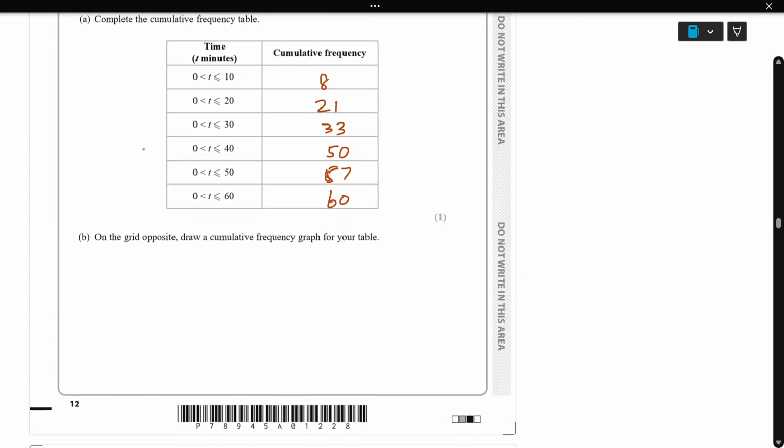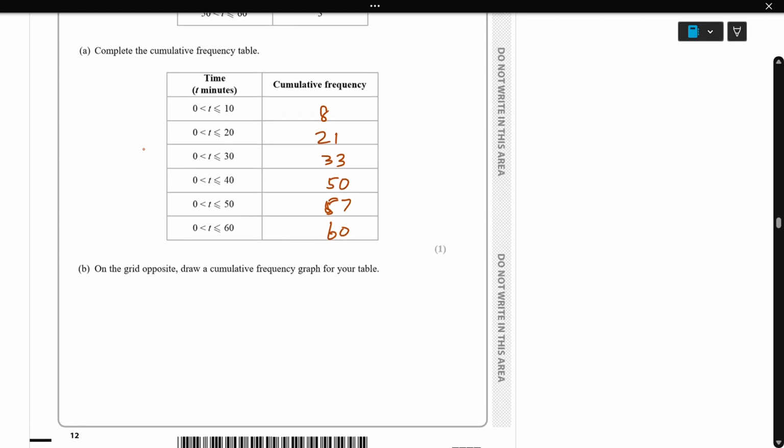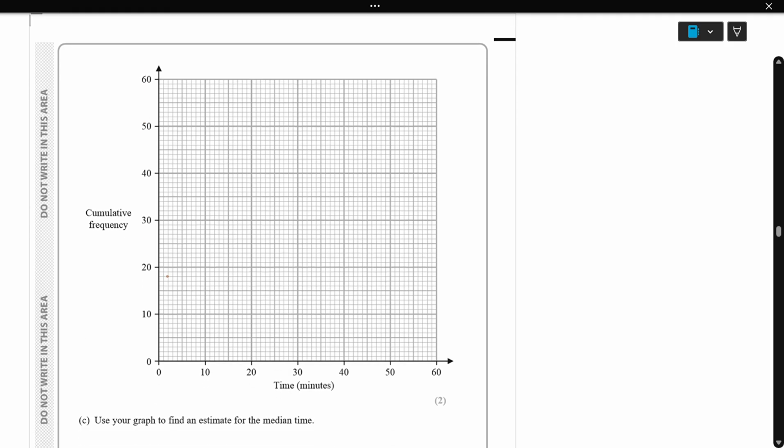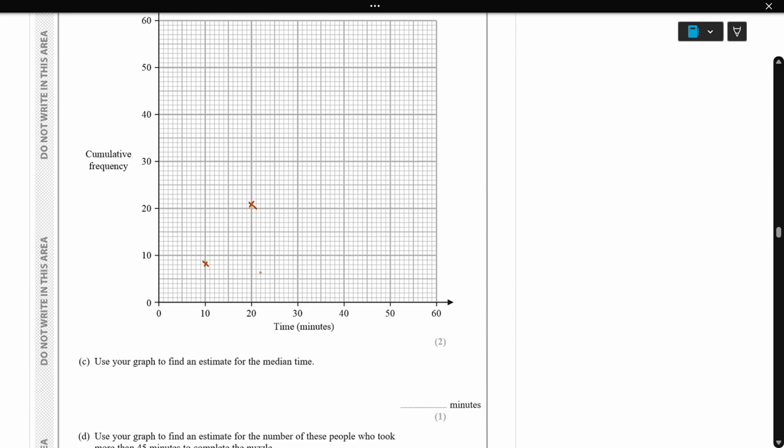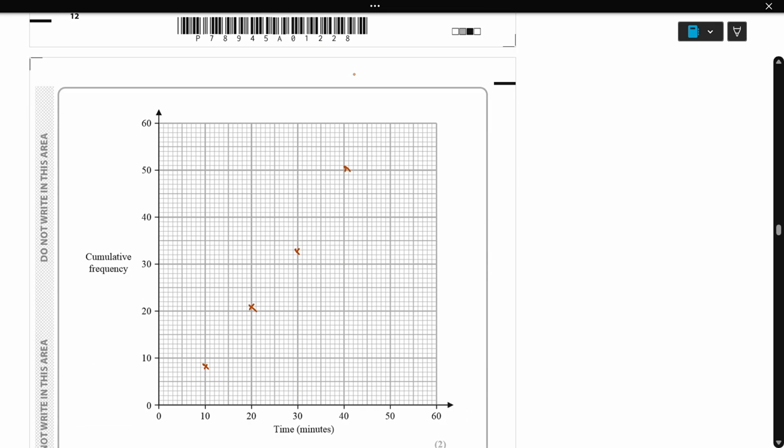On the grid, draw the cumulative frequency graph for your table. So first, 10 is 8, 20 is 21. Next 30, 33, 40 is 50, next 60 is 60.